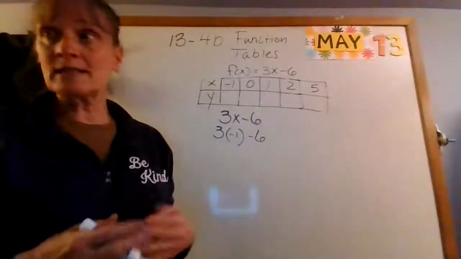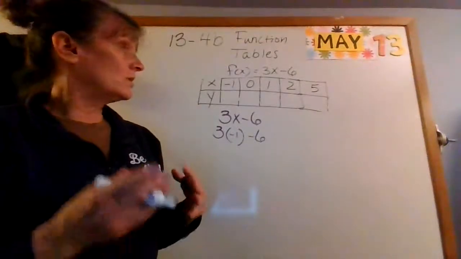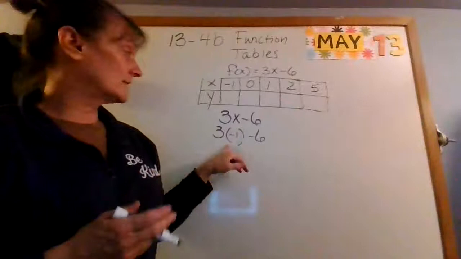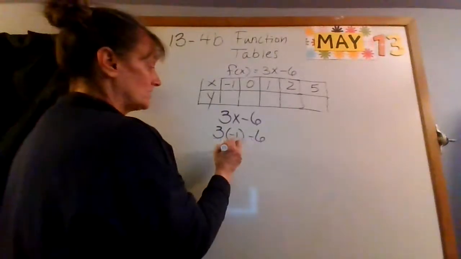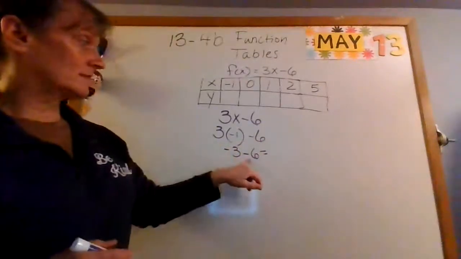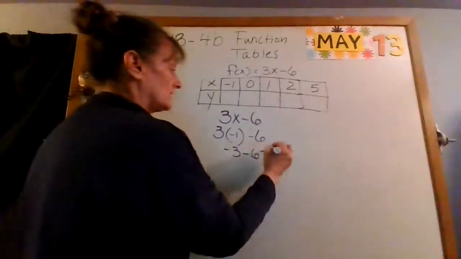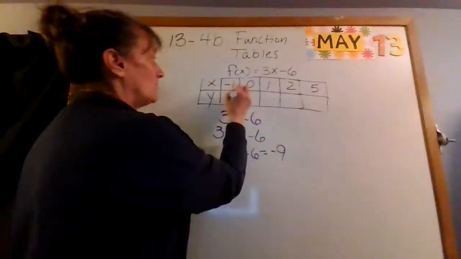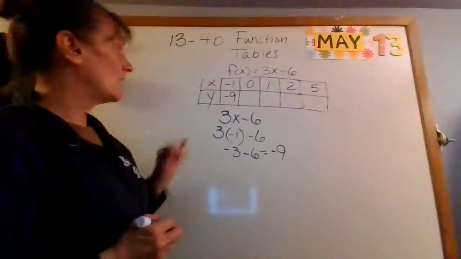So as I'm doing this, I'm thinking order of operations. In this case, it is multiplication first. So 3 times -1 is -3. -3 minus 6, same signs, add. So -3 and -6, -9. So I'm going to put that in my output, or in my range.